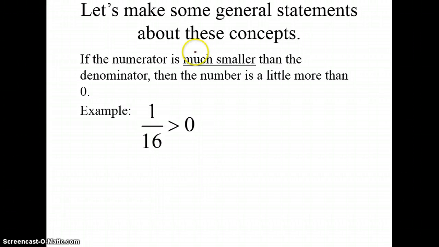If the numerator is much smaller than the denominator, then the number is a little more than 0. For example, 1/16. 0/16 is 0. 1 is a little more than 0, so 1/16 is slightly greater than 0. However, if I were estimating this fraction, I might round it to 0 because it's pretty close.